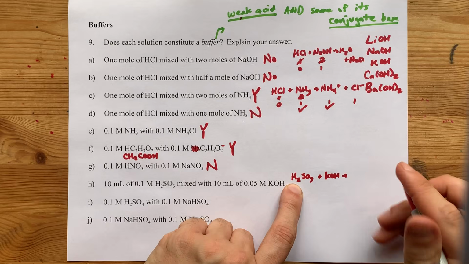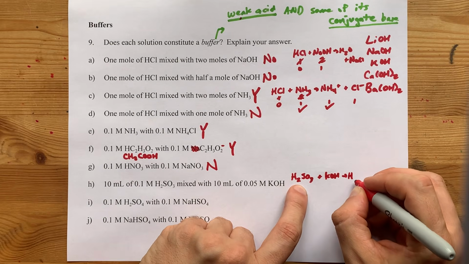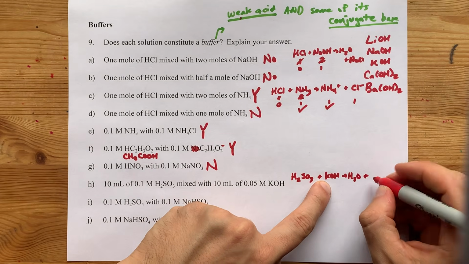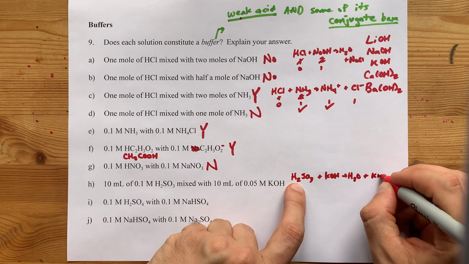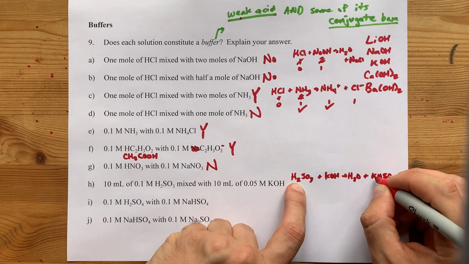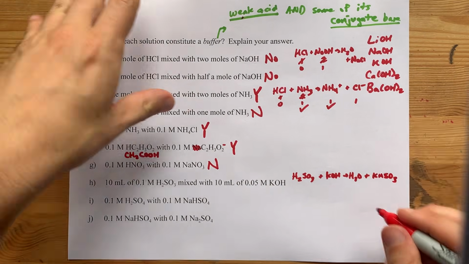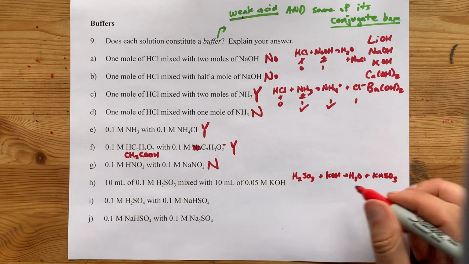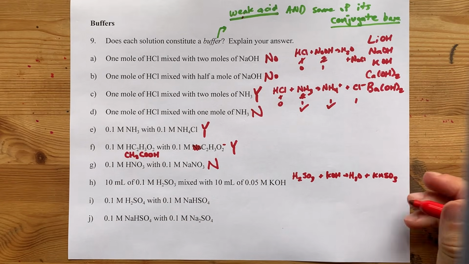That H and that OH pair together to give you H2O. And that K goes with the rest of this molecule, KHSO3. Sure, that KHSO3 could react another time to give you K2SO3. You can consider that if you'd like.